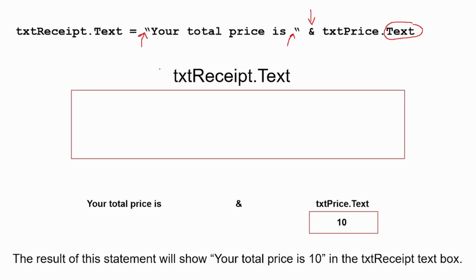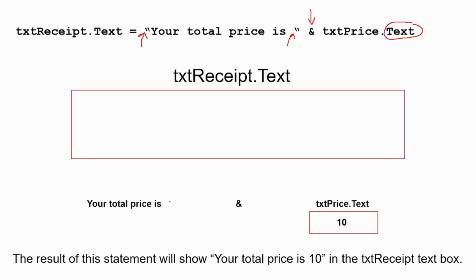So you can see here, if we have a text box called txt_receipt, and this is the text property of it, when we execute this line of code, it takes those two values and puts them together. Now it says "your total price is", and then the 10 that was inside of the text box already. Just to show you that one more time, right now the value of txt_price.text is 10.